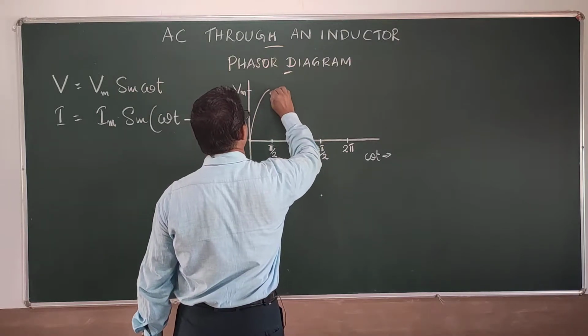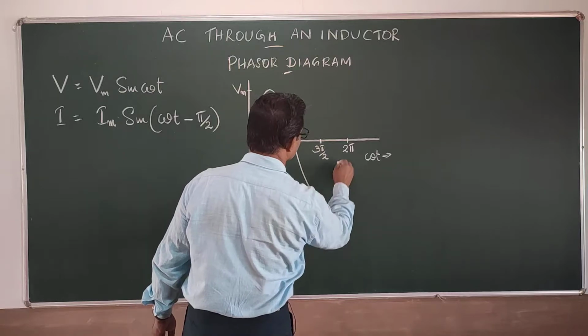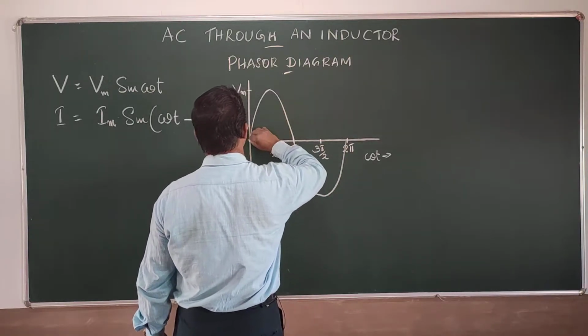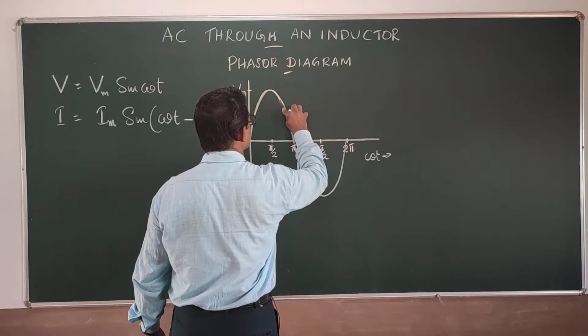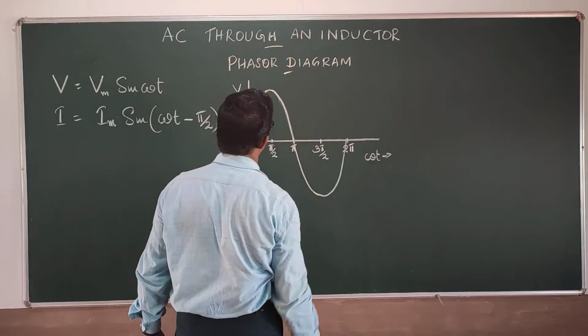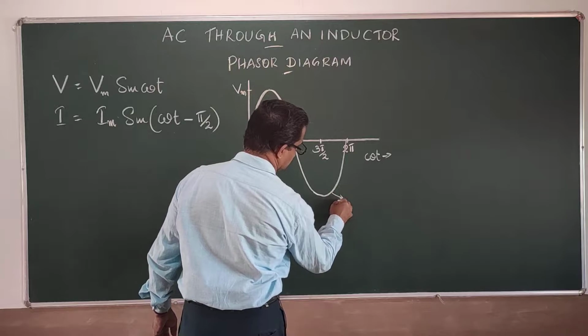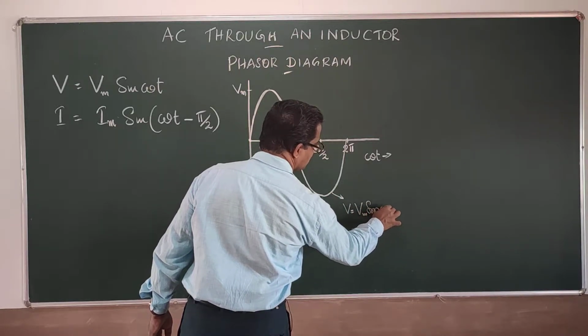the voltage variation will be like this. Like this it goes. And this is nothing but V equal to Vm sin omega t.